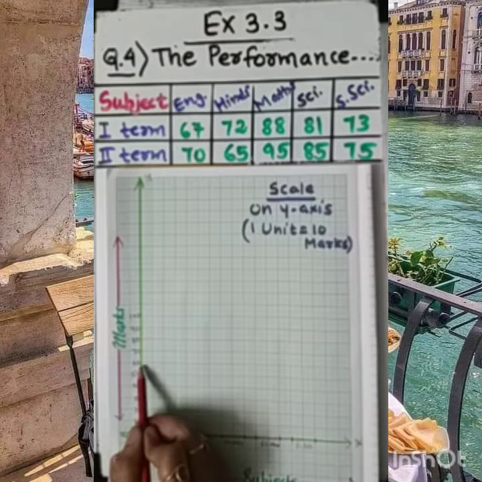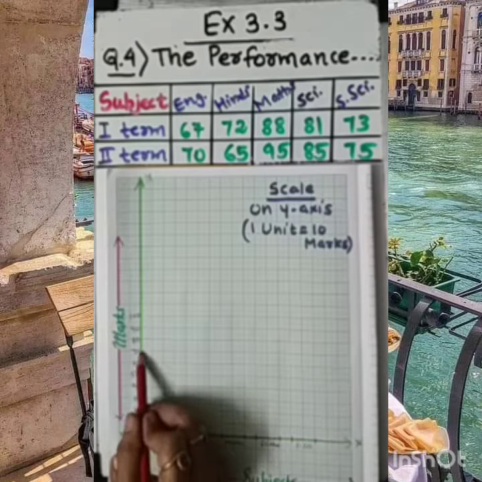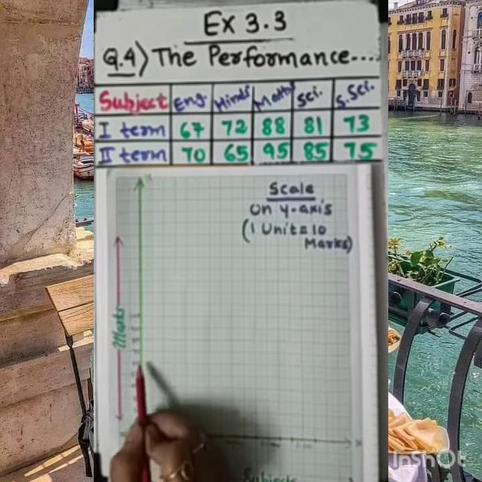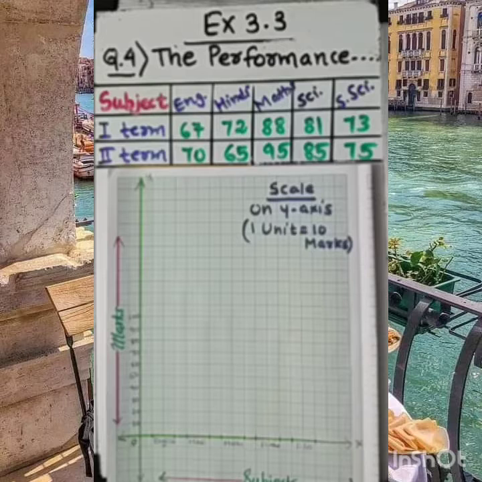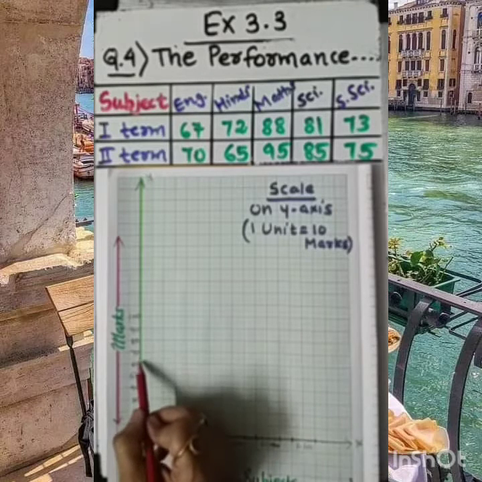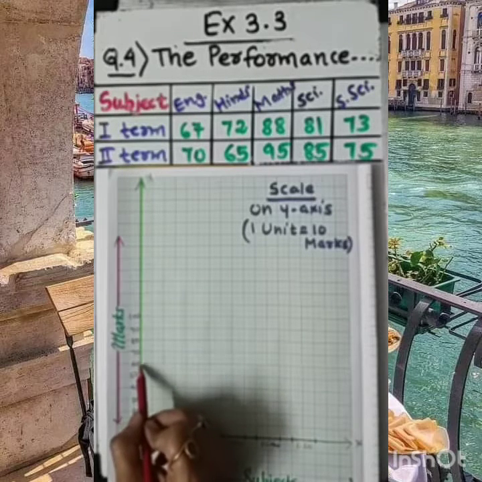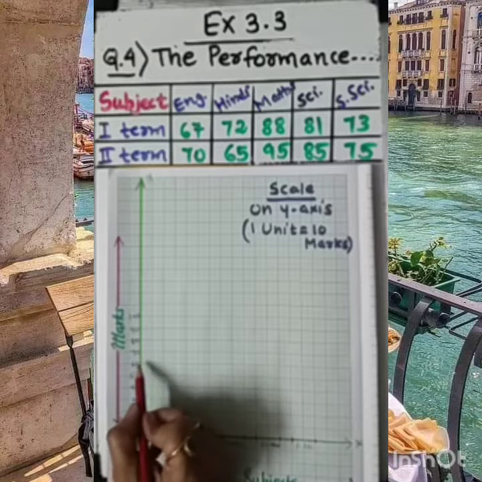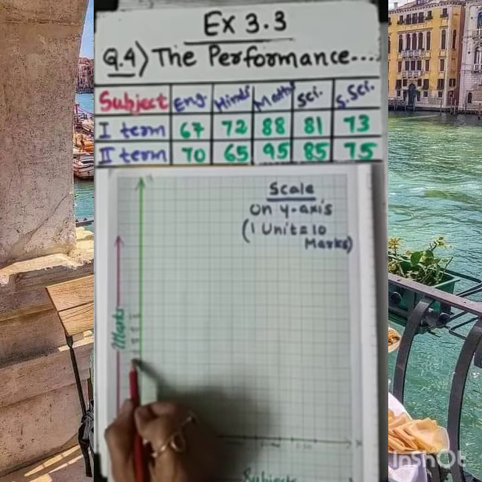But my dear student, between 60 and 70 there are a total of 10 small lines. You can see here between 60 and 70 total 10 lines are there, and the darker line is indicating 65.